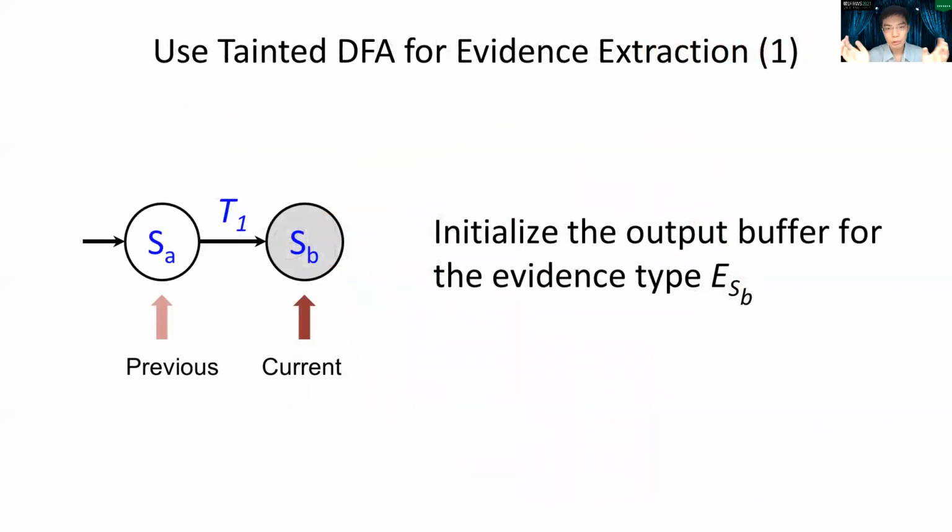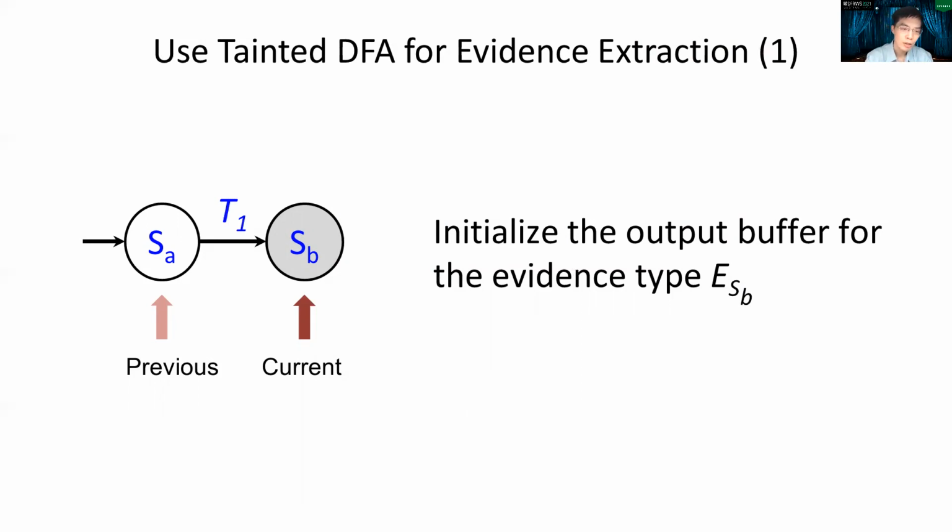By using the tainted DFA, we summarize three scenarios when extracting the evidence string from the input. Note that the evidence type isn't necessarily a single type like the latitude we previously demonstrated. This work can also support the case when the input string carries multiple evidence types, like text input or a unique identifier.